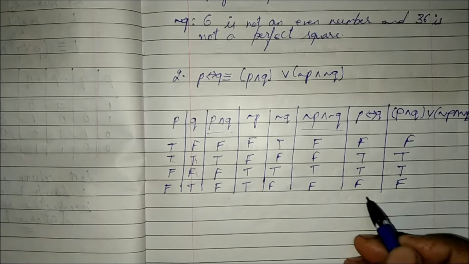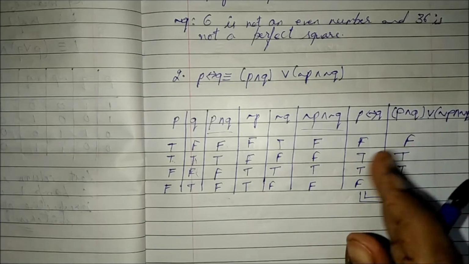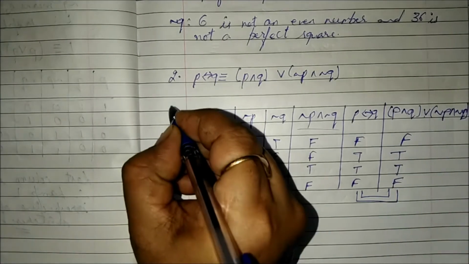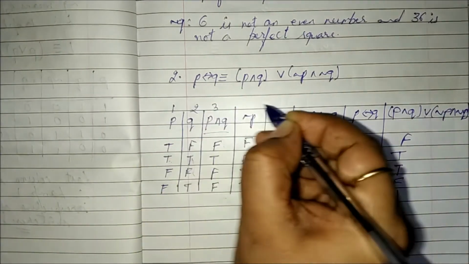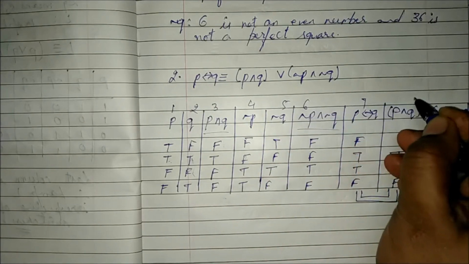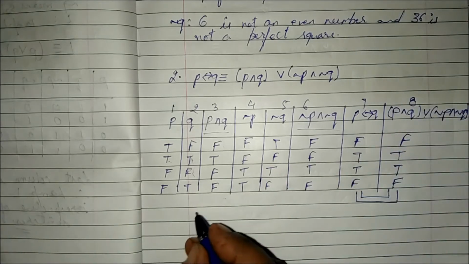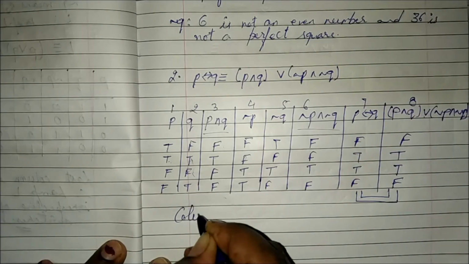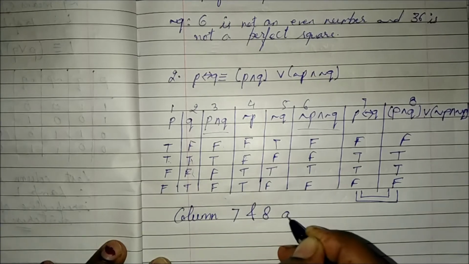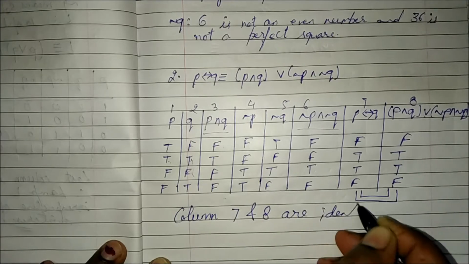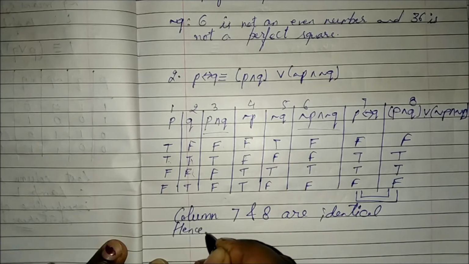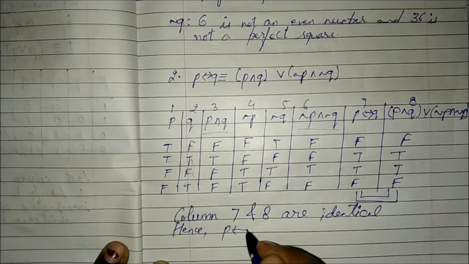Now see, these two columns are identical. We can also write the numbers for the columns 1, 2, 3, 4, 5, 6, 7 and 8. So we write column 7 and 8 are identical, hence we prove the logical equivalence.